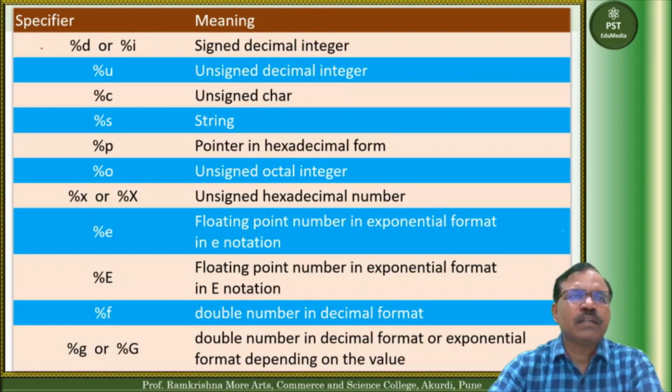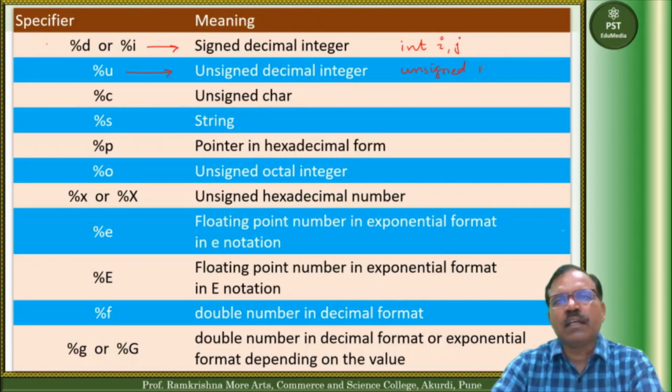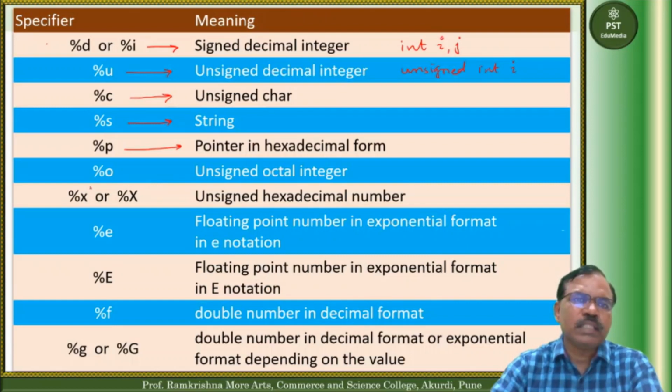So the specifier %d or %i is used for signed decimal integer, means for variables like int i, j and so on. %u is used for unsigned decimal integer like unsigned int i. %c, we have seen, is used for character. %s is used for string. %p is used for pointer in hexadecimal form. %x or %X are used for unsigned hexadecimal number.